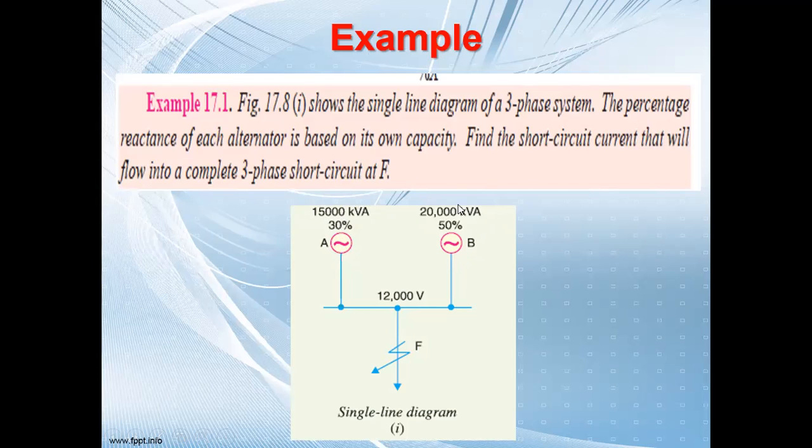For generator B, it is 20,000 kVA. So these kVA ratings are different from your base kVA. So whatever percentage reactance is given here will not be the same if we convert it into the base kVA. Correct? Yes or no? Yes, sir. Okay, so we need to convert this percentage reactance as per the base kVA.